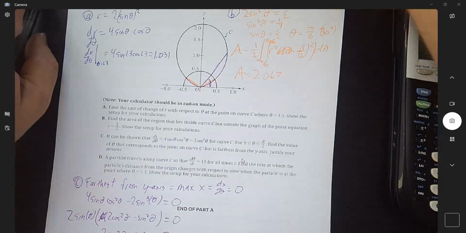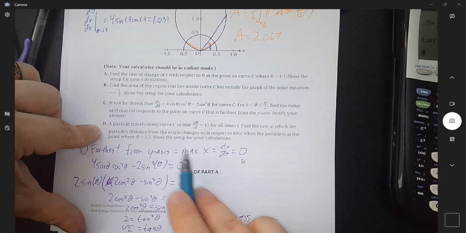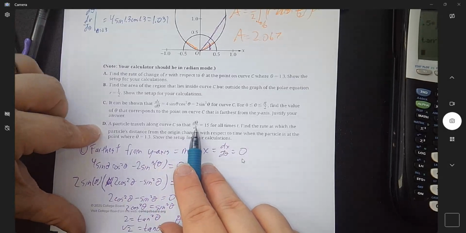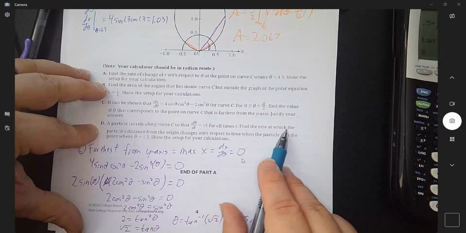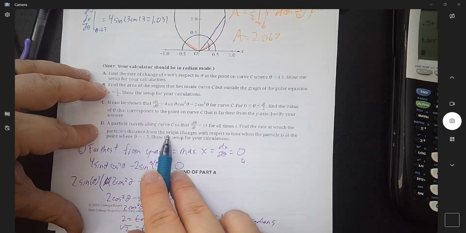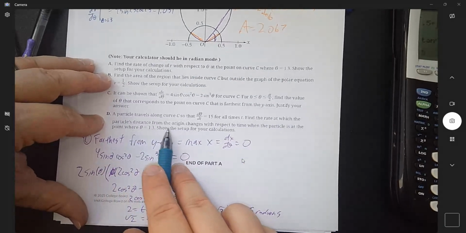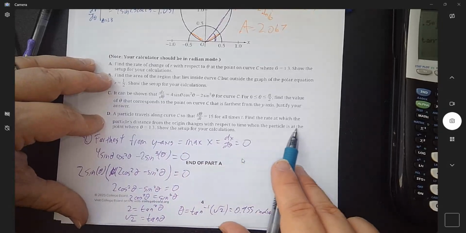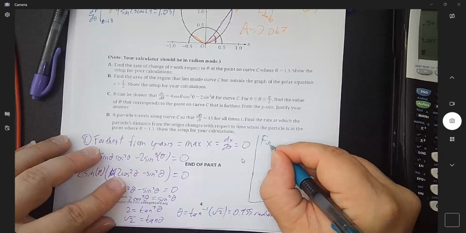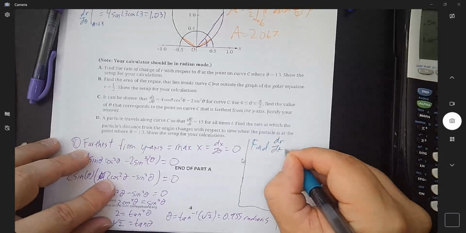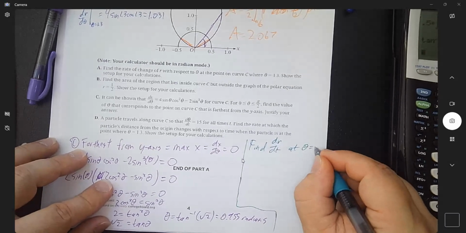Now, part D. A particle travels along a curve C so that dθ/dt is 15 for all times t. Find the rate at which the particle's distance from the origin changes, so the rate at which r changes with respect to time, when the particle is at the point θ equals 1.3. So find dr/dt at θ equals 1.3.